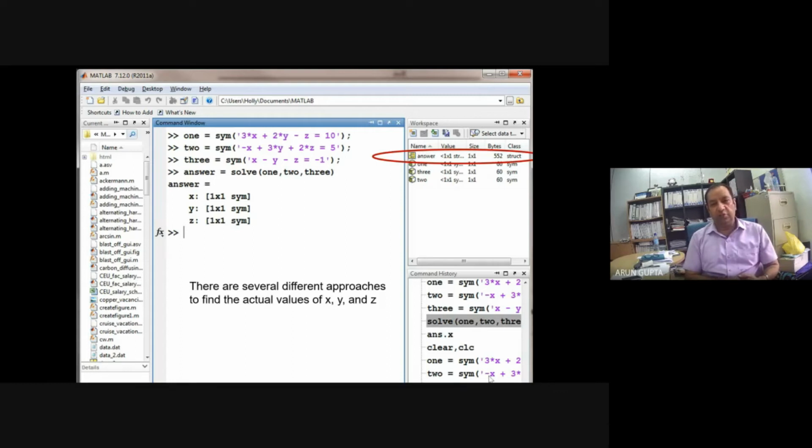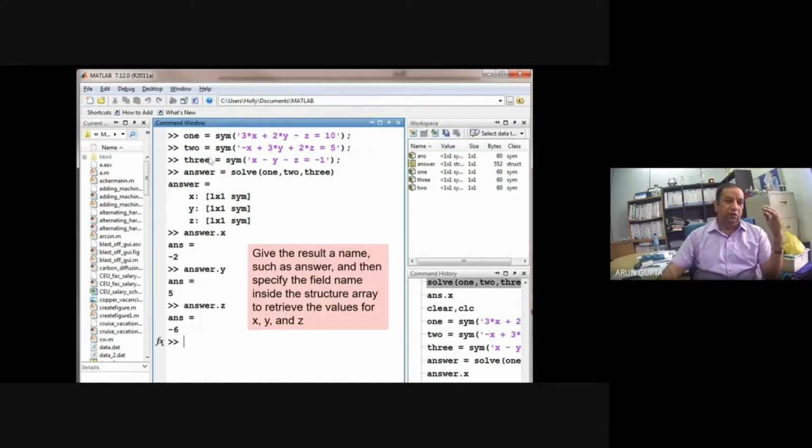I think it takes more than 20-25 minutes, as you need to do the iteration and then calculate the guess value. So the same problem which takes a lot of time in numerical methods, you can see here that you can write down three equations 1, 2, 3, and then you just write answer equal to solve 1, 2, 3, and you can get the answer.